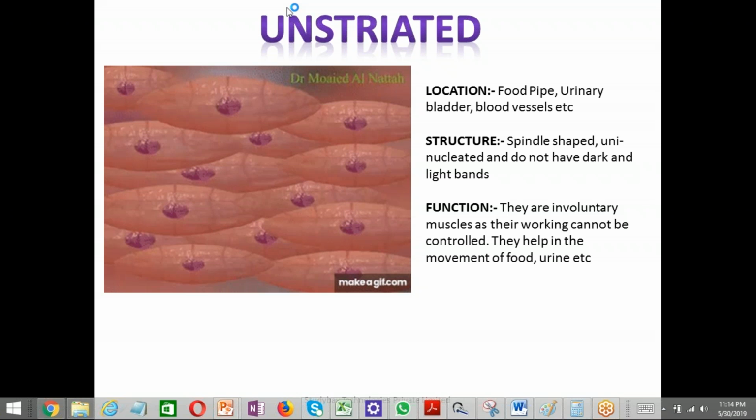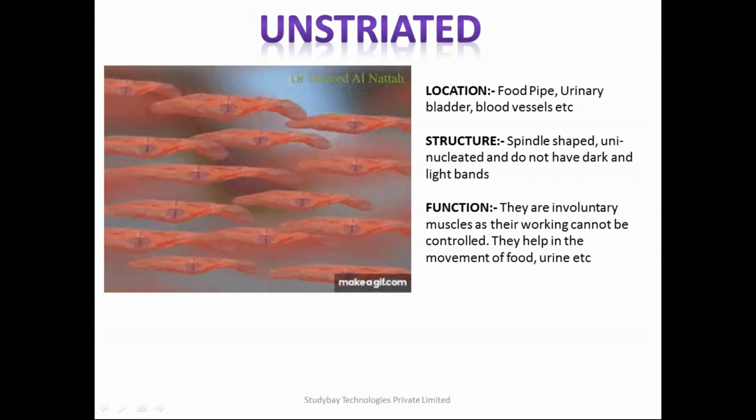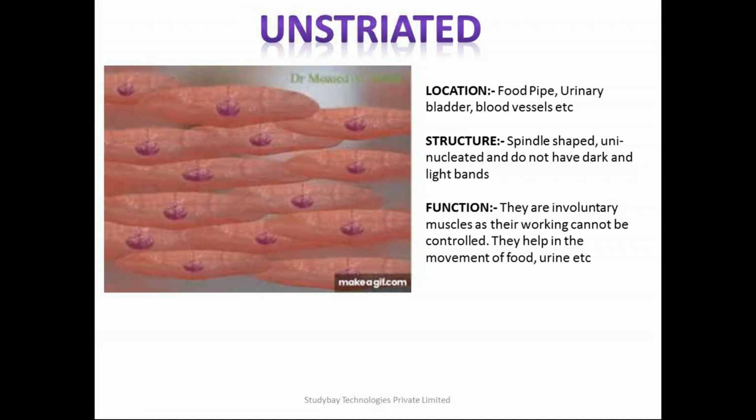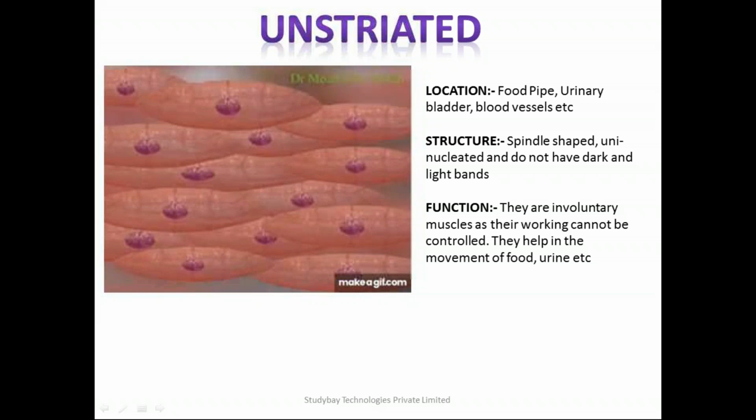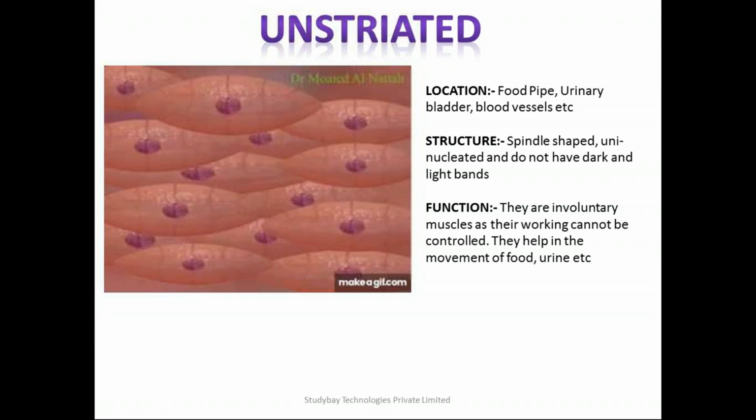If food is being passed into your esophagus, or at the time of urine as well, these muscles either swell or contract as per their own requirement. You cannot do it on your own. They are spindle shaped, uninucleated, and do not have dark and light bands. As per the function, these are involuntary muscles, and their working cannot be controlled. They help us in the movement of food, urine, and so on.